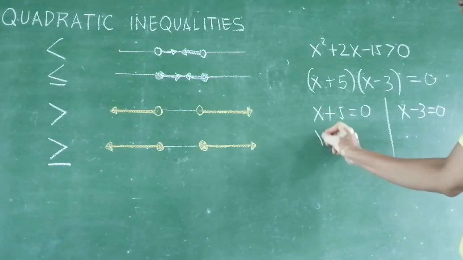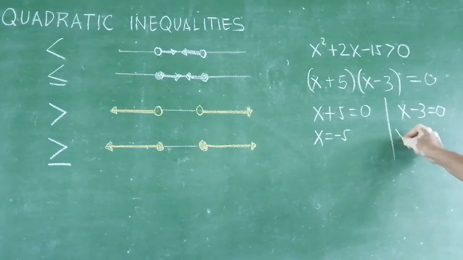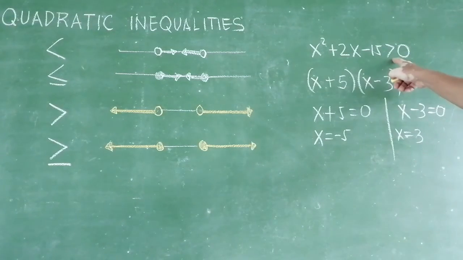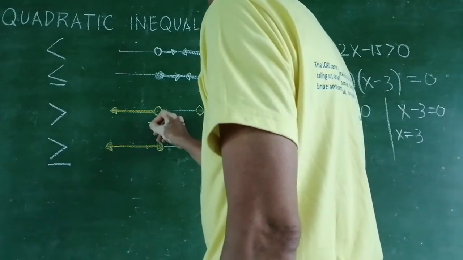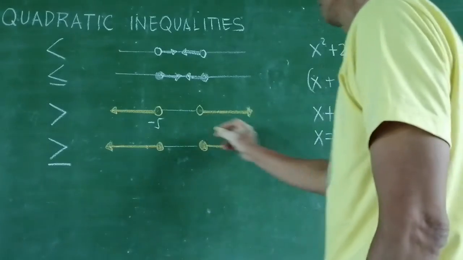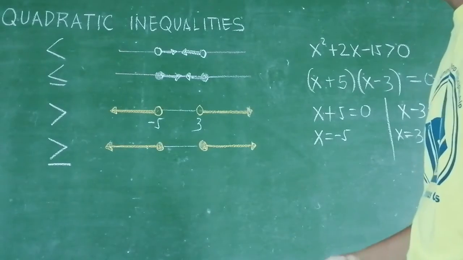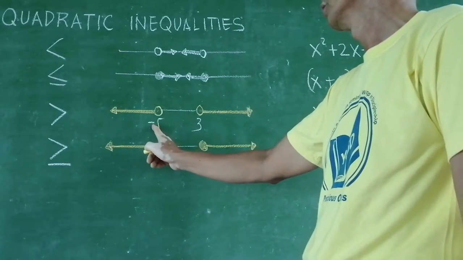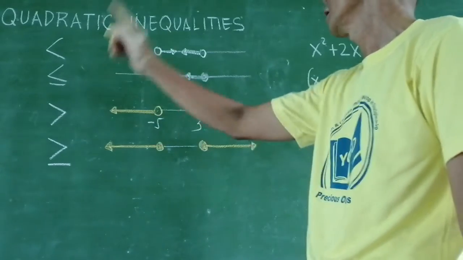So solving for x, x will be equal to negative 5. Here, x will be equal to 3. So from the number line, this is greater than, we can put negative 5 here and positive 3 here. So the solutions will be greater than 3, and also less than negative 5, negative 6, etc.